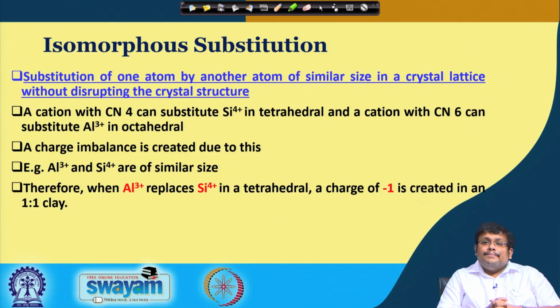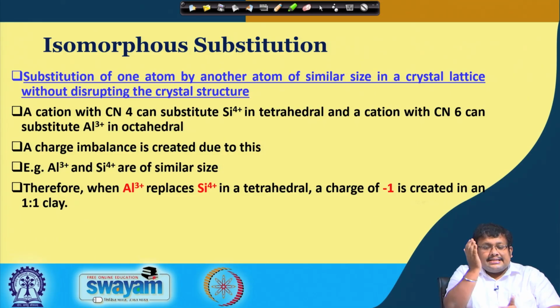So, let us consider an example: a cation with a coordination number of 4 can substitute silica in tetrahedra, and a cation with a coordination number of 6 can substitute aluminum in the octahedral sheet without disrupting the crystal structure. The first and foremost criterion for doing that is they have to be almost similar in size, and that is why this phenomenon is known as isomorphous. Iso means similar, morphous means similar in morphology or similar in size.